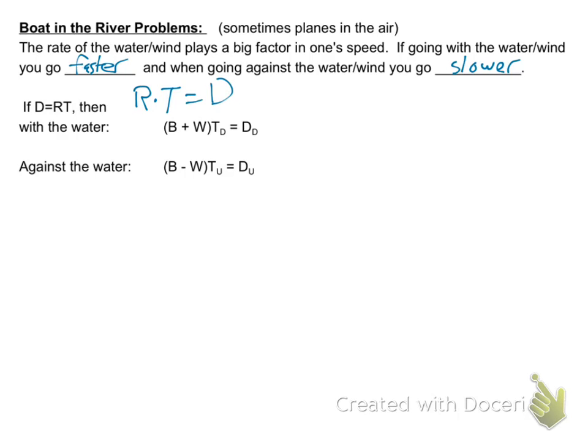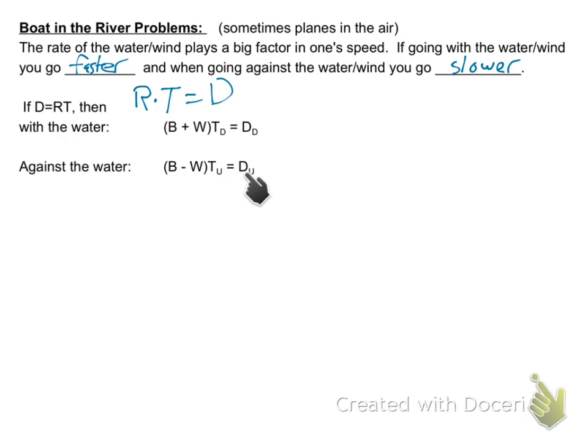Is it enough to make it up? No. So you would take B minus W, 2 minus 3, you'd be going negative 1 mile per hour, which means you are literally flowing down the river still. Just slower, right? That rate times the time it takes to go up the stream will equal how far you will go upstream.